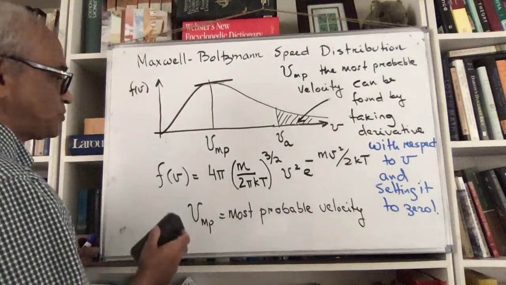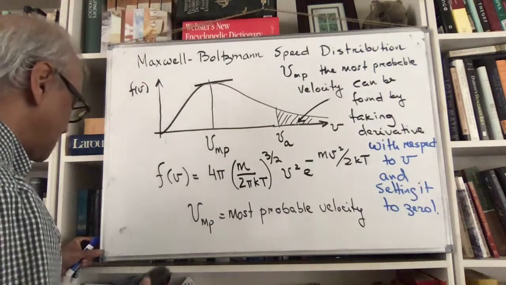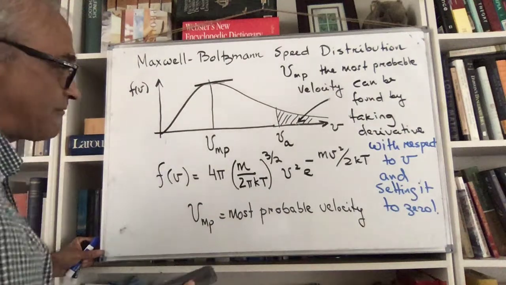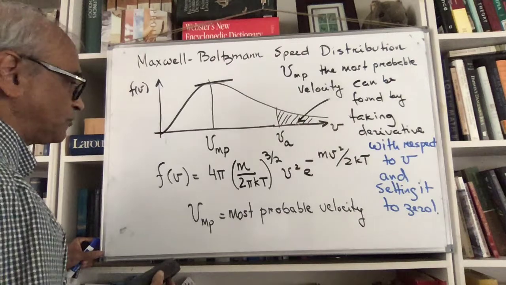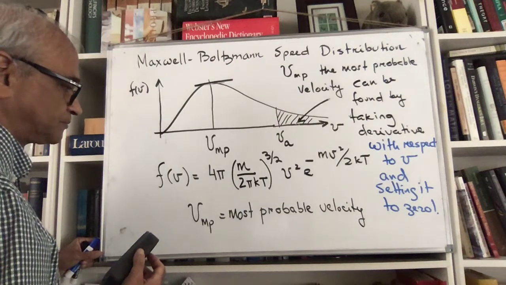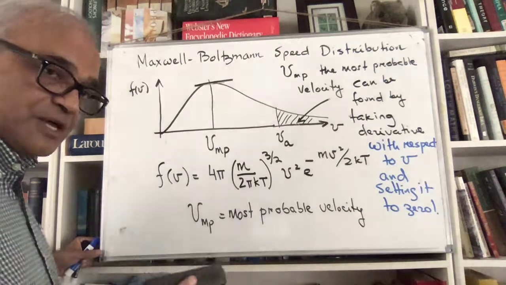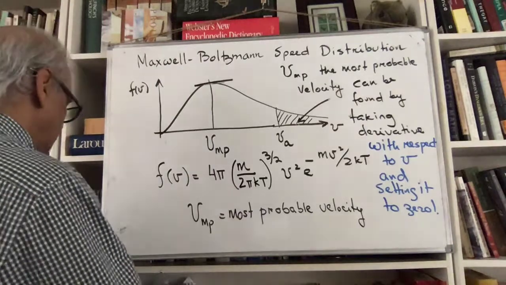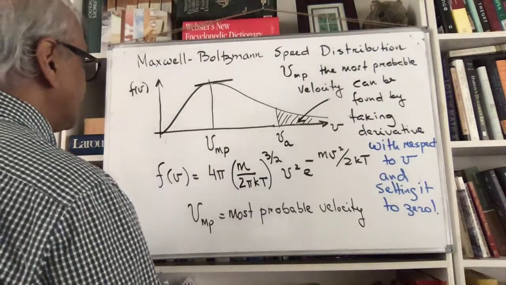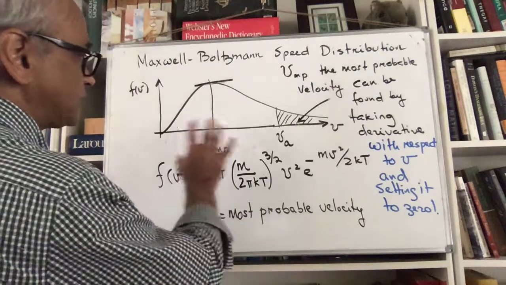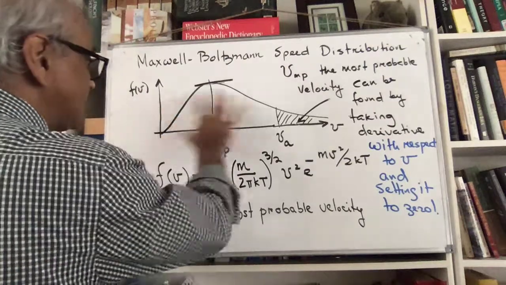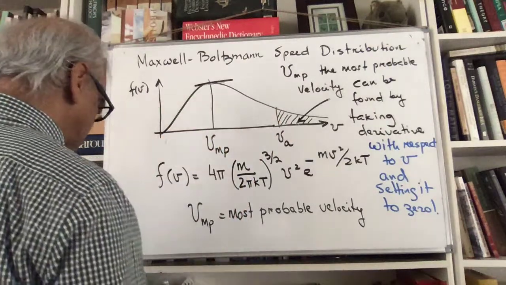What I also want to find out is there are two things. One would be V average, and the other would be V RMS, actually root mean square velocity. So first I want to, actually I didn't want to erase this over here, but I might have to.